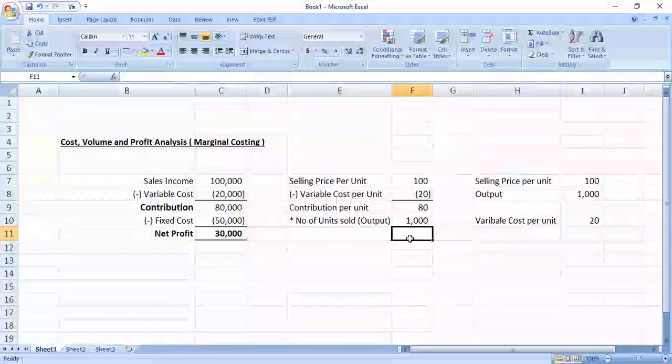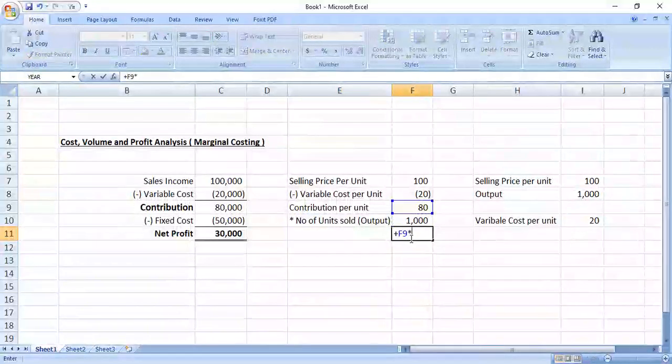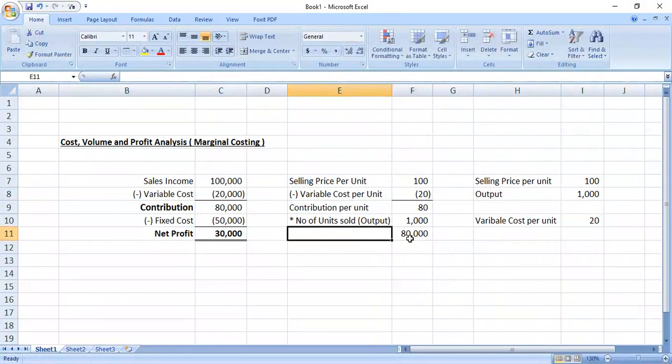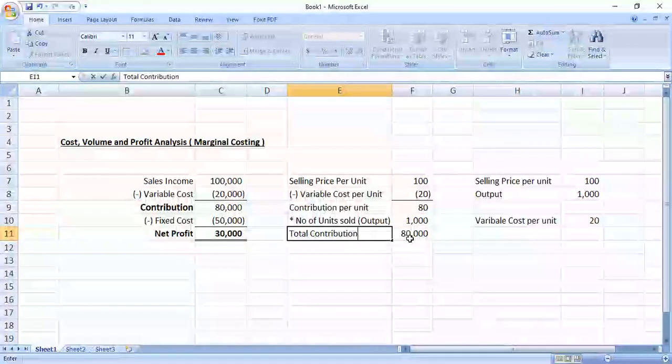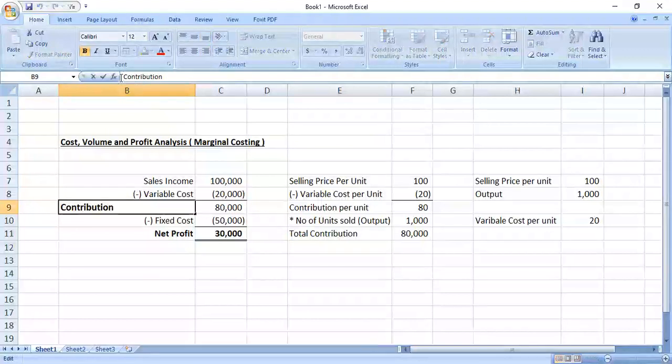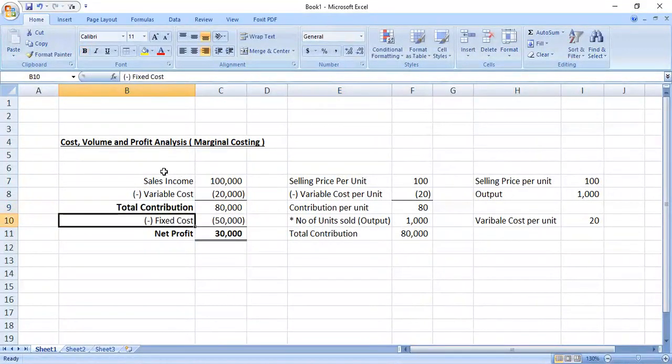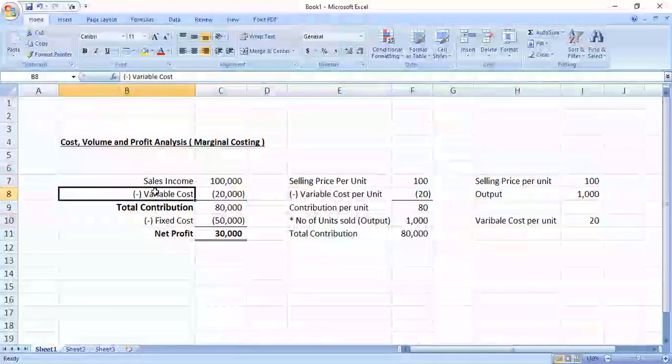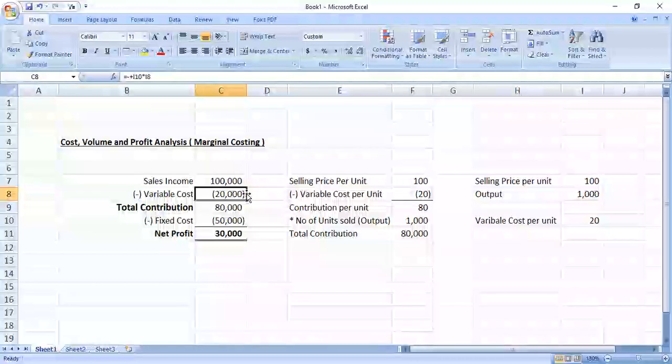So if you multiply your contribution per unit by the number of units sold, or the output, you get the total contribution, which is this one. Why do we say total contribution? We got the total sales income, and we got the total variable cost for all the units that we sold. So we got the total contribution.